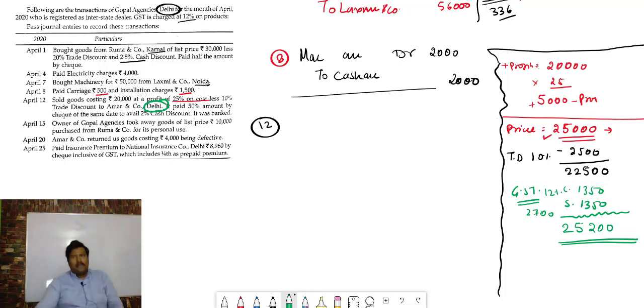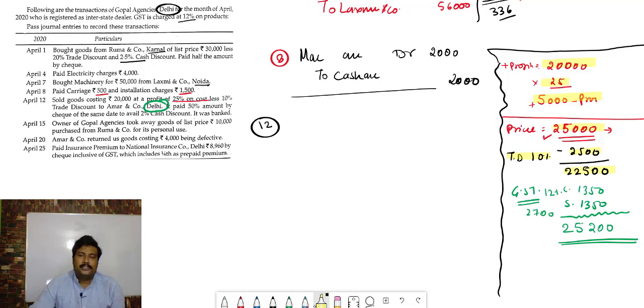Let's have a look again. The total amount before anything is 20,000. We add 25% profit. Profit is 5,000. So after profit, the price becomes 25,000. We know that trade discount will be the first deduction. So trade discount 10% is 2,500. After deduction, it will be 22,500.